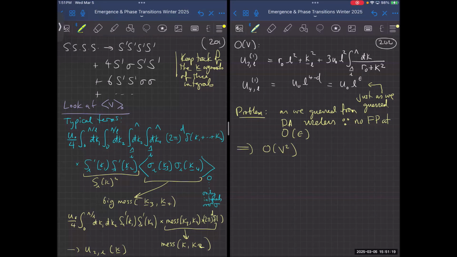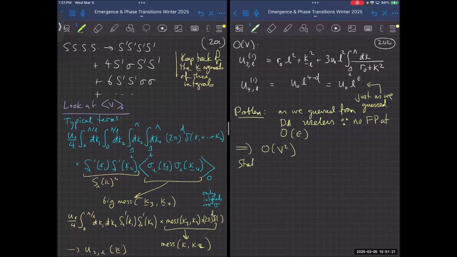So the strategy: integral d^dk goes to integral k to the d minus 1 dk, treat d as a real variable, and then in the end, set epsilon equals 1.